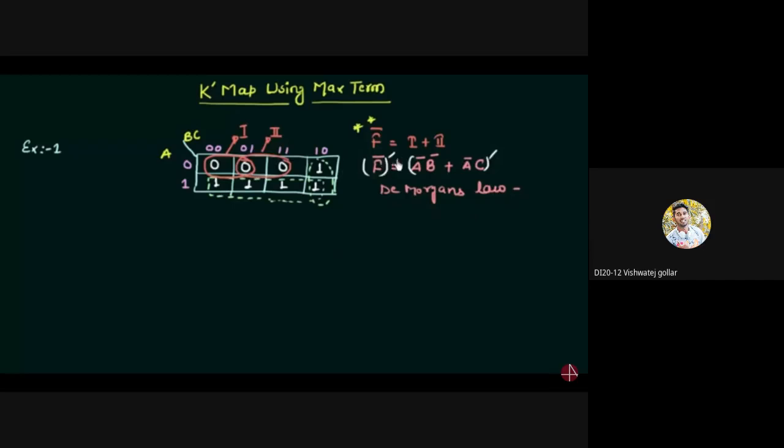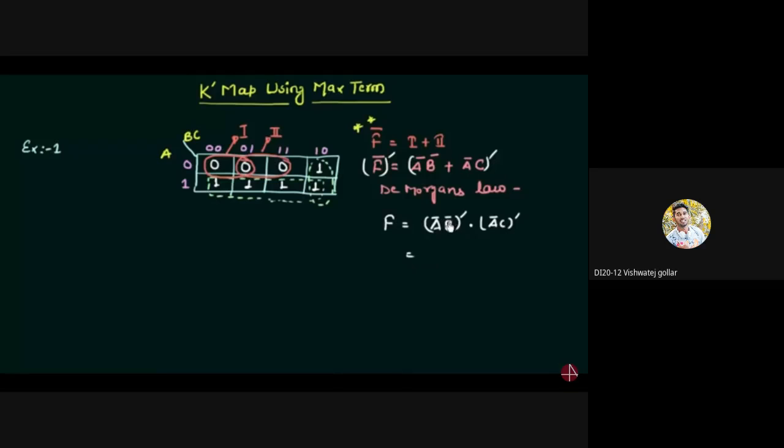You know F complement and then its complement is F, and by using De Morgan's law, I hope you know what is De Morgan's law. We have completed it in the earlier lectures. So this is something we are going to get after applying the De Morgan's law.